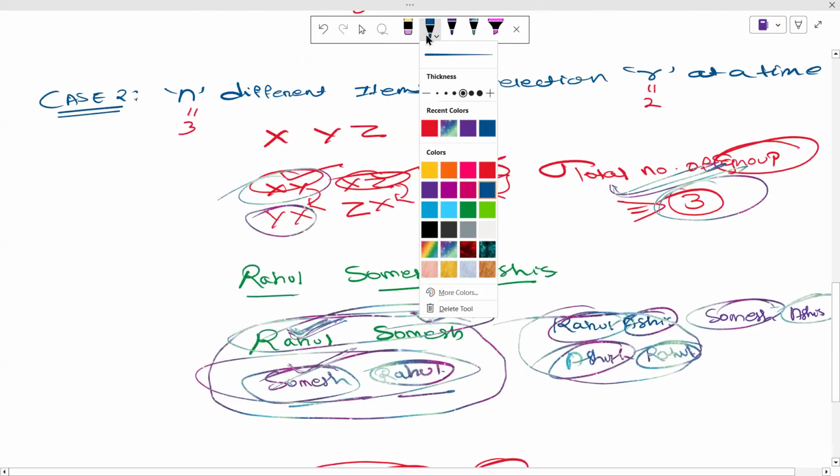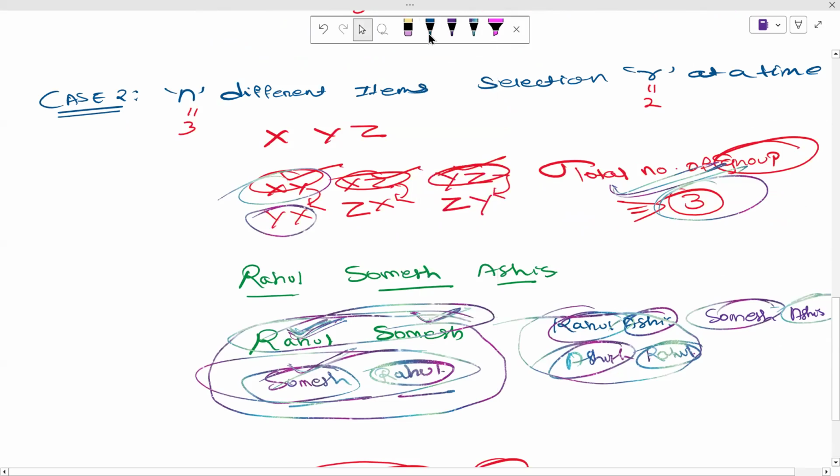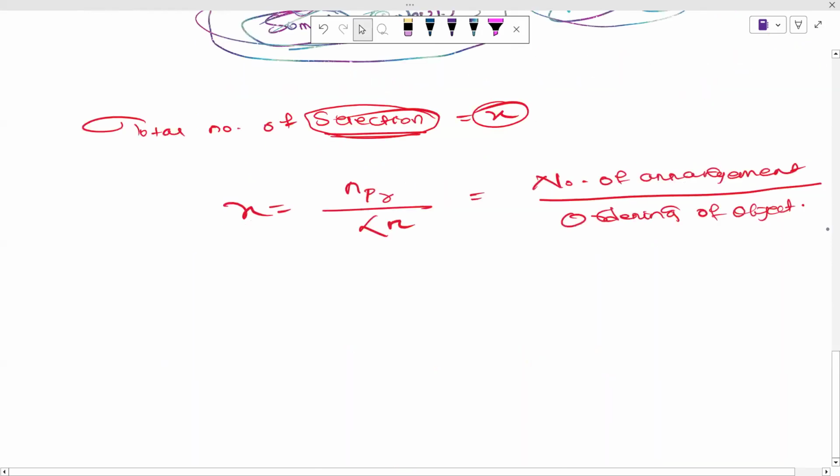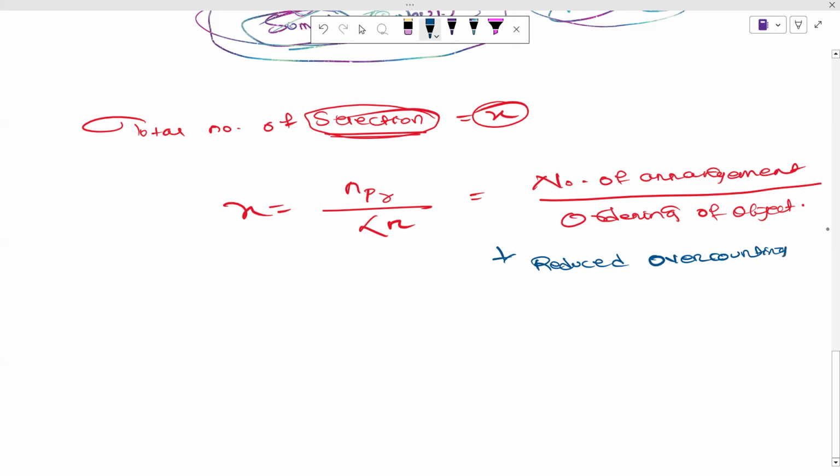If the order is changed now, some of the students make a mistake. What? They say that Rahul Somesh is one group and Somesh Rahul is another group. No. They both are the same, but they are just changing their places. It does not mean that there are two groups. Similarly, this part will help to reduce the overcounting. So here we will not count over.